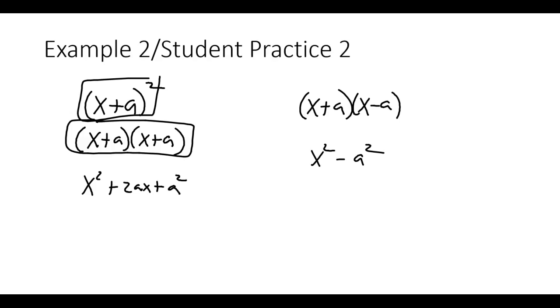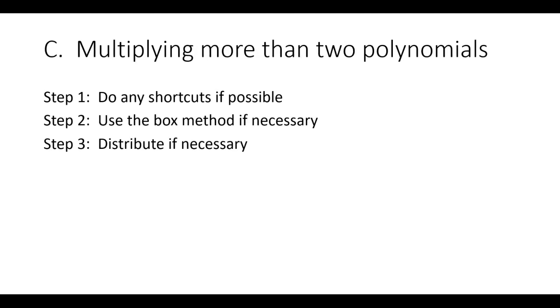Once again, the box method works on all these, but kind of slows you up a lot, especially for these next problems. So in the next problems, we're going to do like mega multiplication. We're going to multiply a bunch of polynomials together. The shortcuts help make that process faster. So before we begin, go ahead and copy down this slide here.